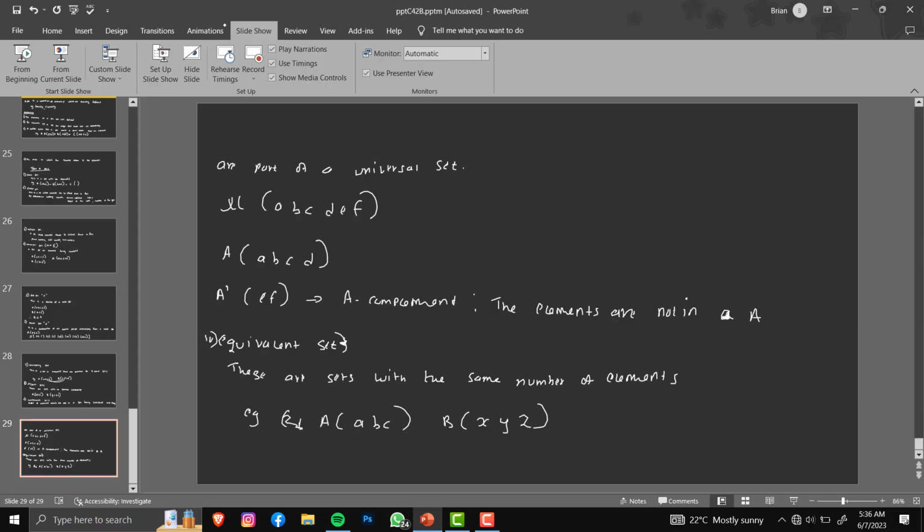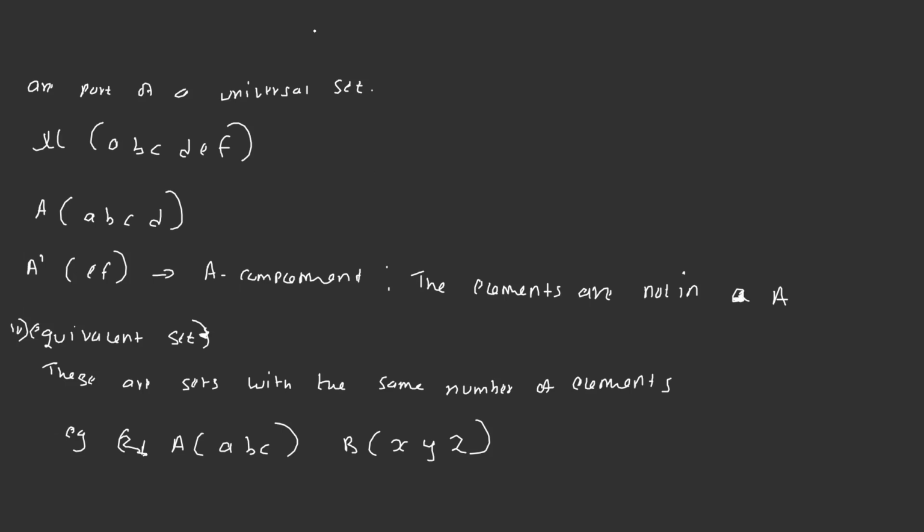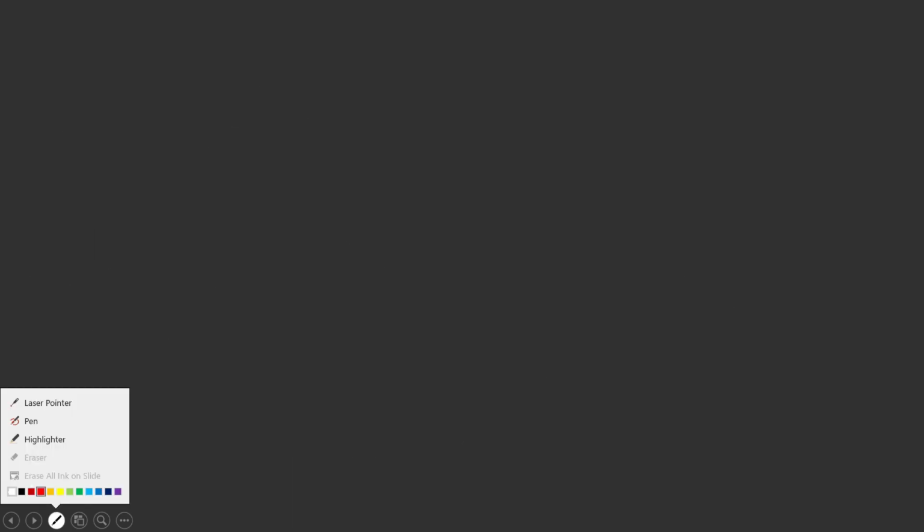Next we have equal sets, number 11. Lastly, the last type of set we have is equal sets.